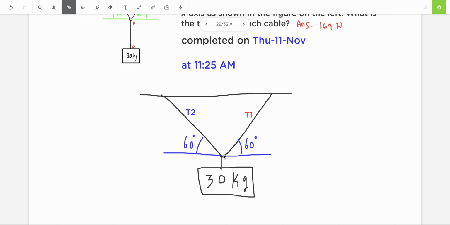Okay, so we have 60 degrees from both sides with the 30 kilograms.